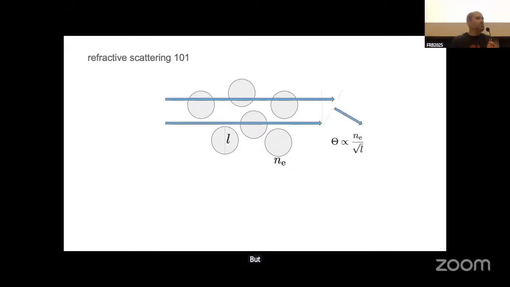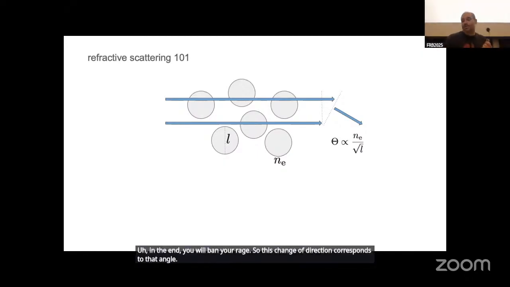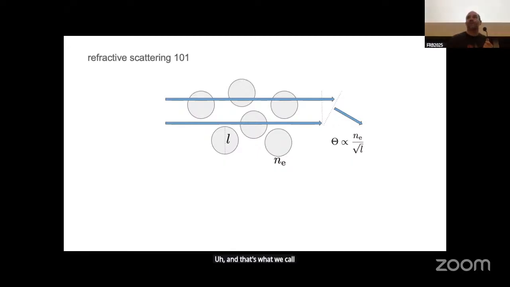But you don't only have one ray, you have a wavefront that hits different paths. And because sometimes you hit more or fewer clouds, in the end, you will bend your ray. So this change of direction corresponds to that angle, and that's what we call refractive scattering.